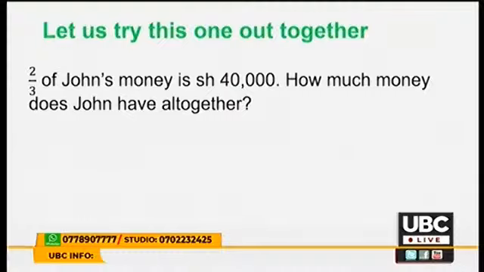How much money does John have altogether? Now this time it is a fraction. You remember in our review you dealt with fractions. So we've got 2/3 of John's money.